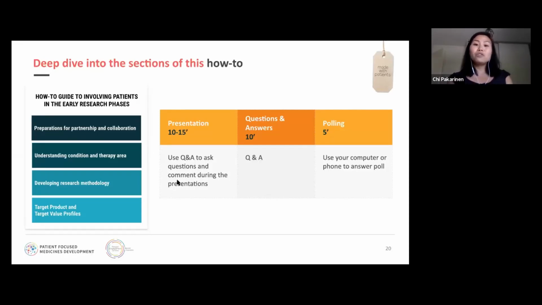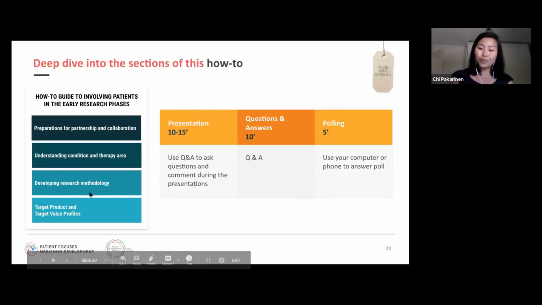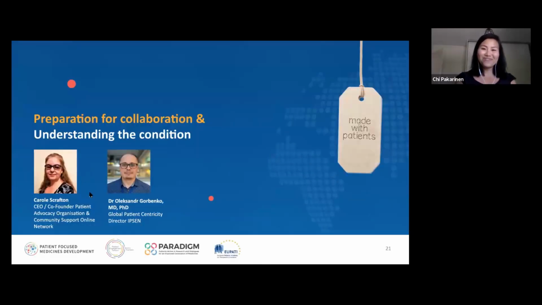Then after the presentation, we will pick a few that we will ask the presenters, and then we'll go into polling, because we have a couple of questions for you as well. So we'll first take the first 2 sections, then we go to a quick break, and then we'll take the rest of the 2. All right?